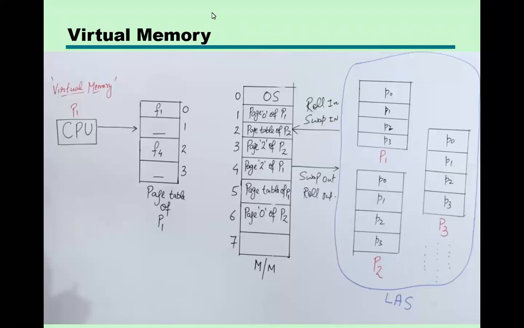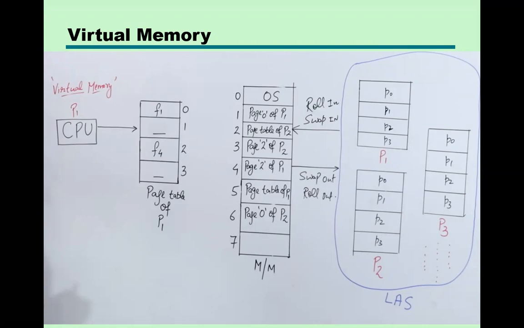Right. So mainly the two reasons for virtual memory are: one, it provides an illusion to the programmer that a process whose size is even larger than the size of main memory can also be executed. Even if the process size is larger than main memory, we can still execute it. And the second reason is that today's computer is a multi-program computer, so more and more processes can be brought into main memory.